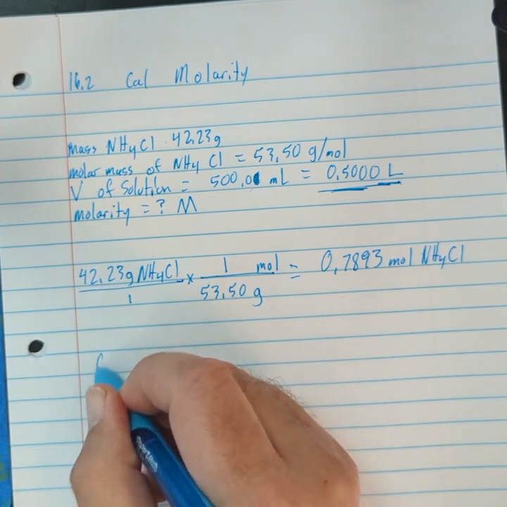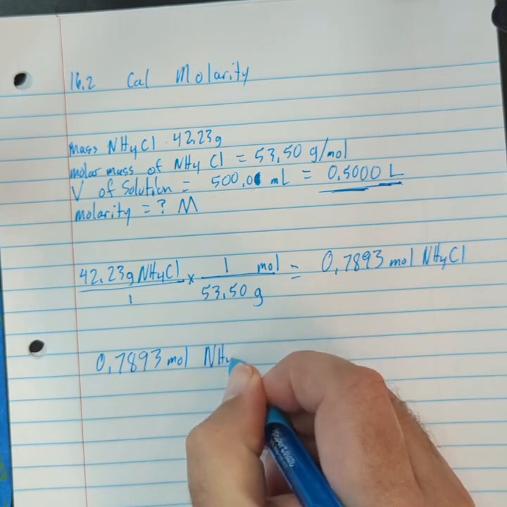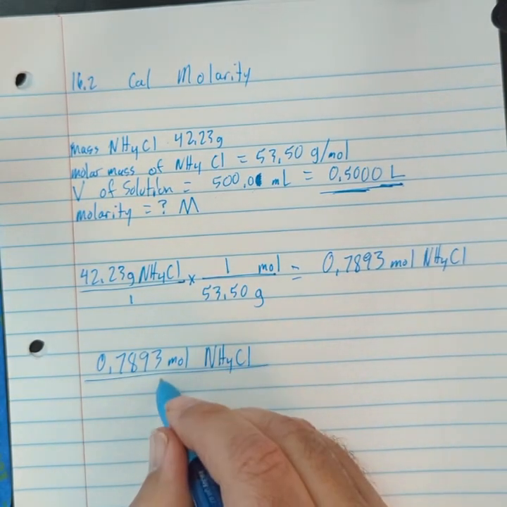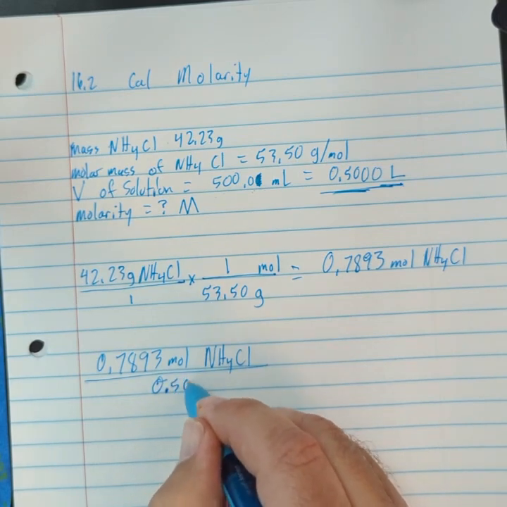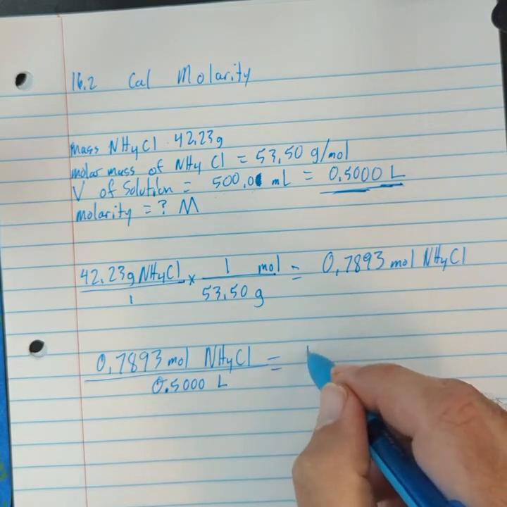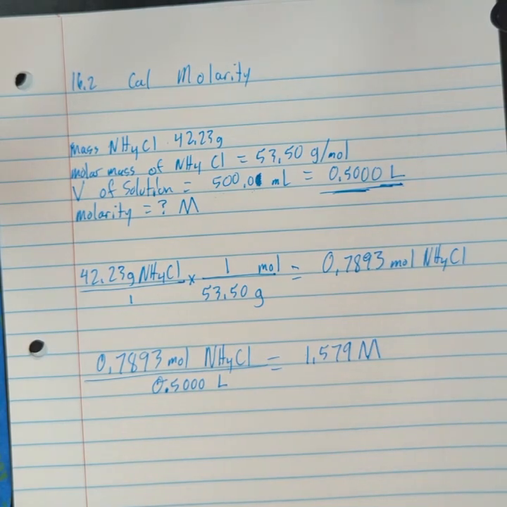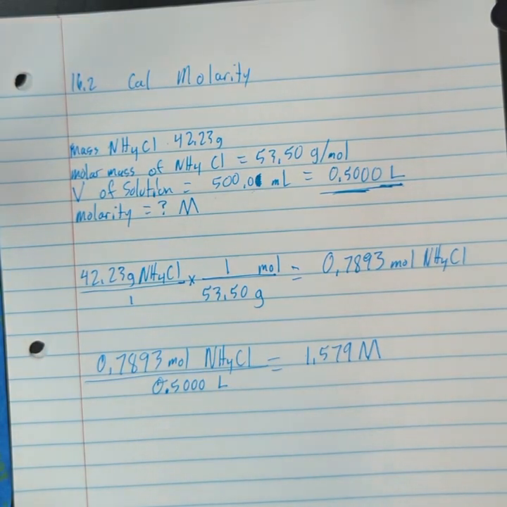So we're going to say 0.7893 moles of NH4Cl divided by 0.5000 liters, and that's going to give us a molarity of 1.579 M. The molarity is 1.579, meaning that a liter of solution would contain 1.579 moles of NH4Cl, with 4 significant figures. Okay. All right, moving on.